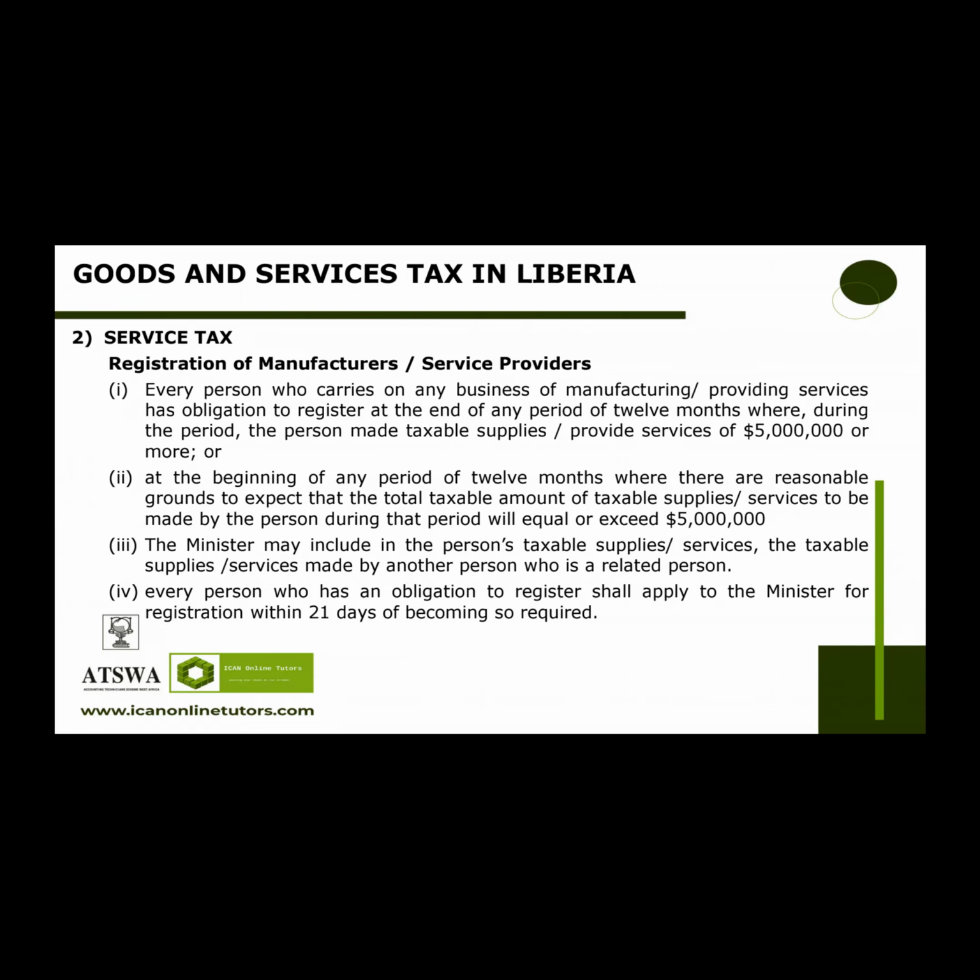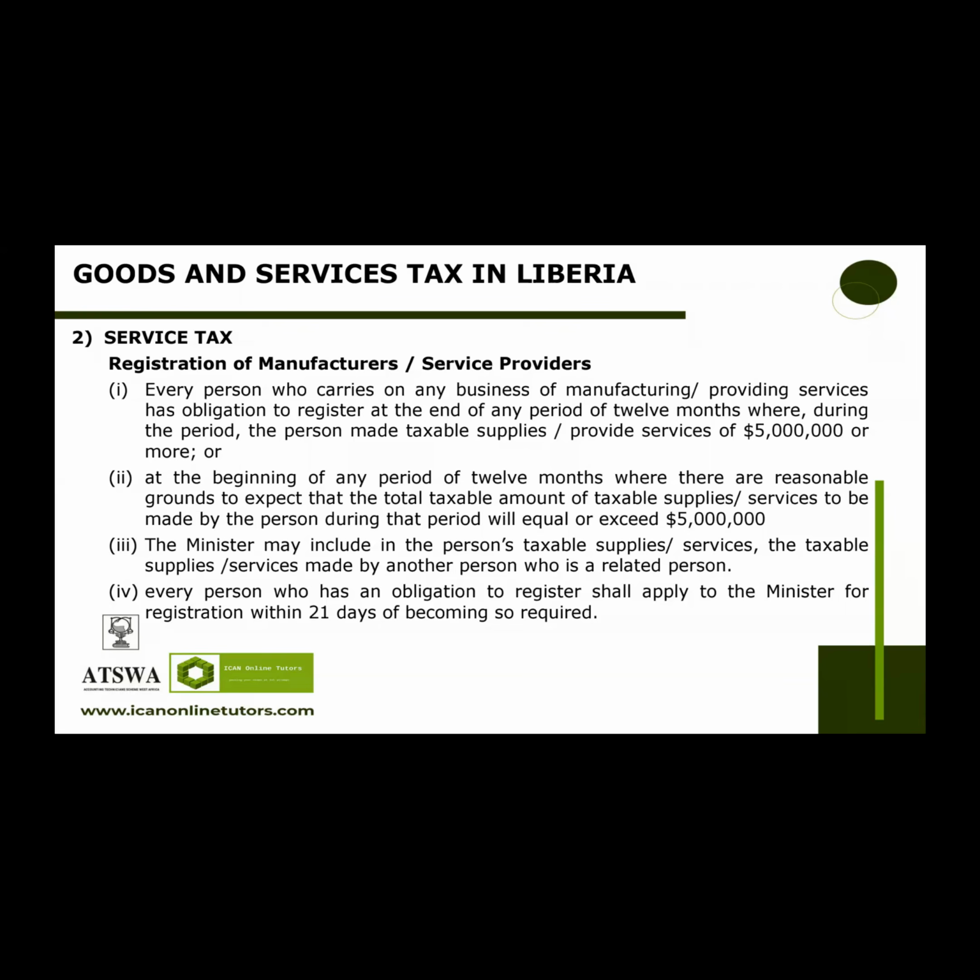Every person who carries on any business of manufacturing or providing services has an obligation to register at the end of any period of 12 months, where during the period the person made taxable supplies or provided services of $5 million or more, or at the beginning of any period of 12 months, where there are reasonable grounds to expect that the total taxable amount of taxable supplies or services to be made by the person during that period will equal or exceed $5 million.